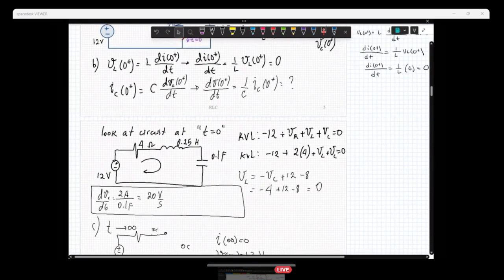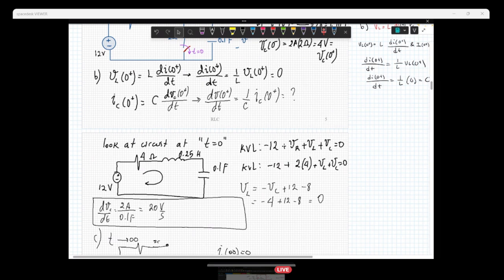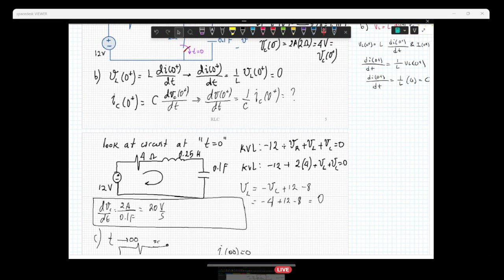How does she solve for it? You would do nodal, but you don't have to because you know that it's equal to IC of 0 plus. Do we know IC of 0 plus? Oh, we do now.